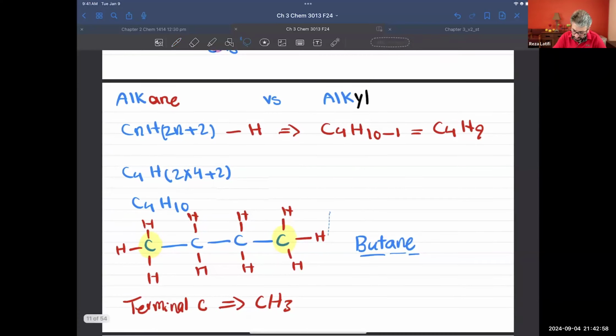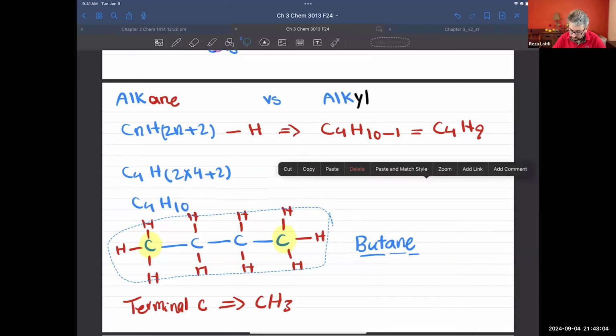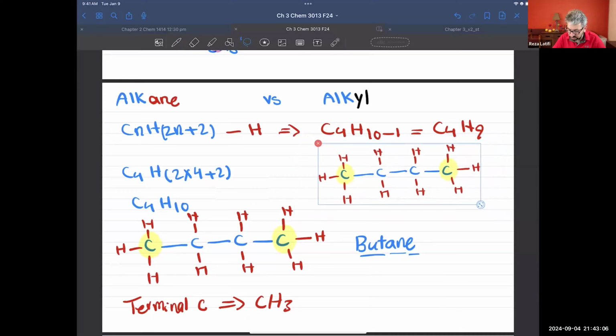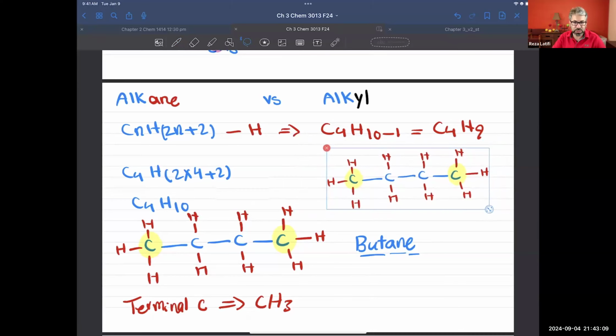So let's go after one of these carbons. It doesn't matter which one you want to pick for now. I can pick one of these hydrogens from the terminal, or I can pick from those 2. So I have 2 different positions. One, let's highlight it, is going to be one of these hydrogens.